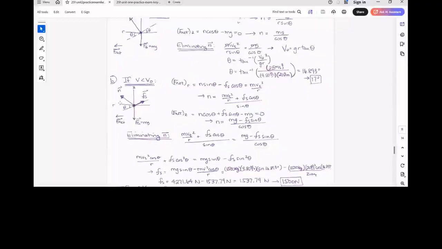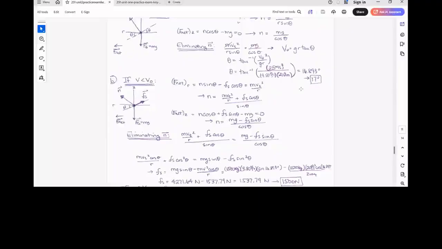So F net radial, in the radial direction, is going to be the sine component of the normal force minus the cosine component of Fs, because if this angle is equal to theta, this angle is also equal to theta. So the radial part is going to be the cosine, and it's negative because it's pointing the opposite direction of the normal. But no matter what, as long as that car is moving, there exists a radial force that's mv squared over r.